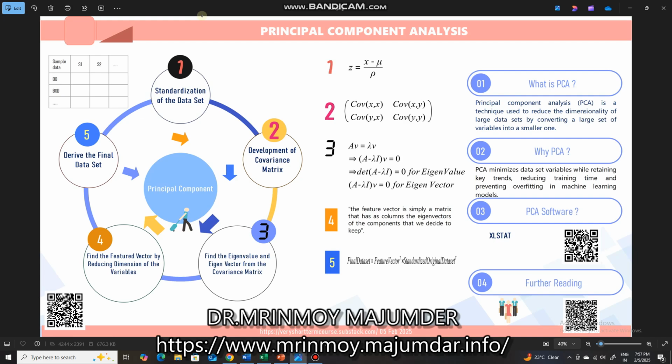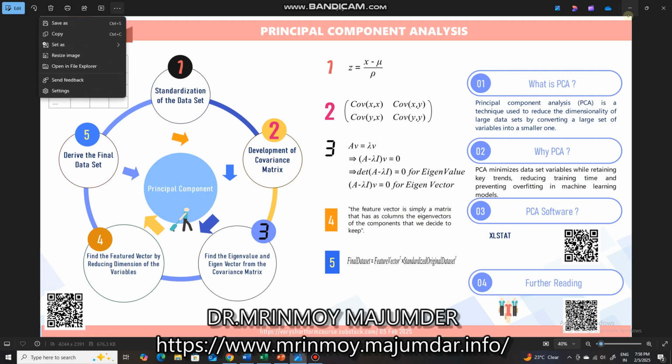Now, let us take an example. Please, if you look into this position, let me make it more prominent. I have tried to make it more prominent. Let me see whether I can do it or not.